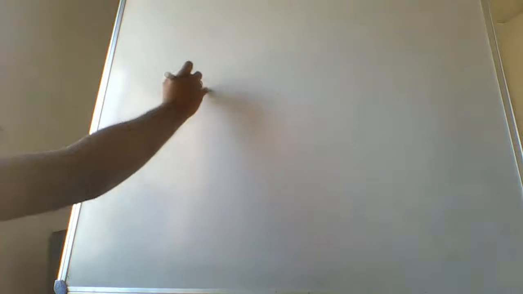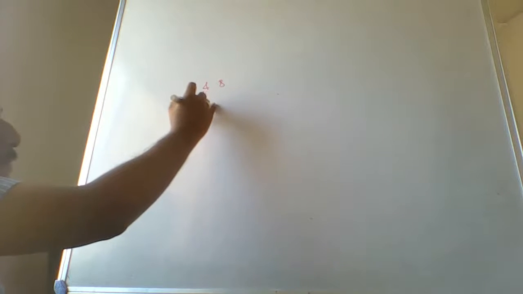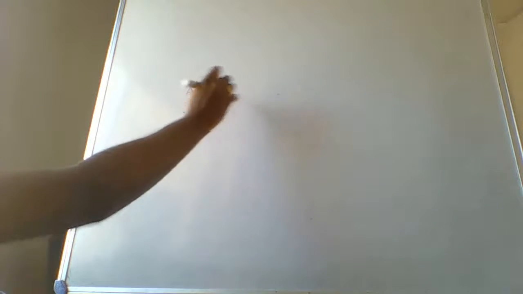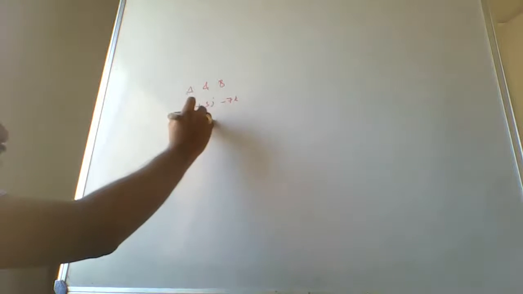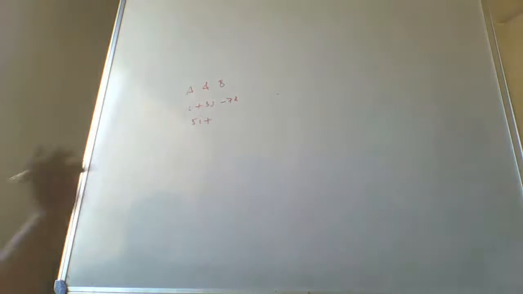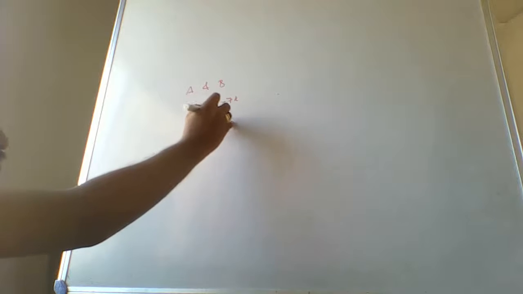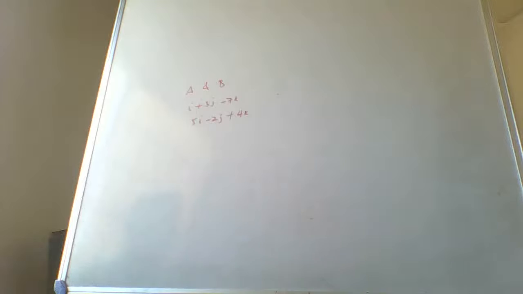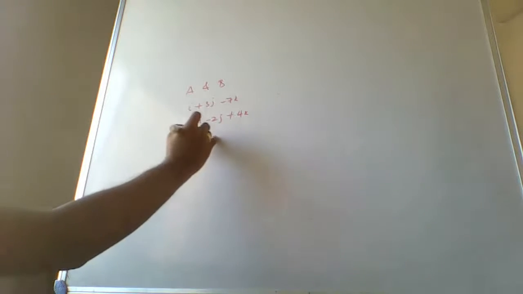If I have position vectors A and B respectively, which are i plus 3j minus 7k and 5i minus 2j plus 4k, you need to find what is AB.